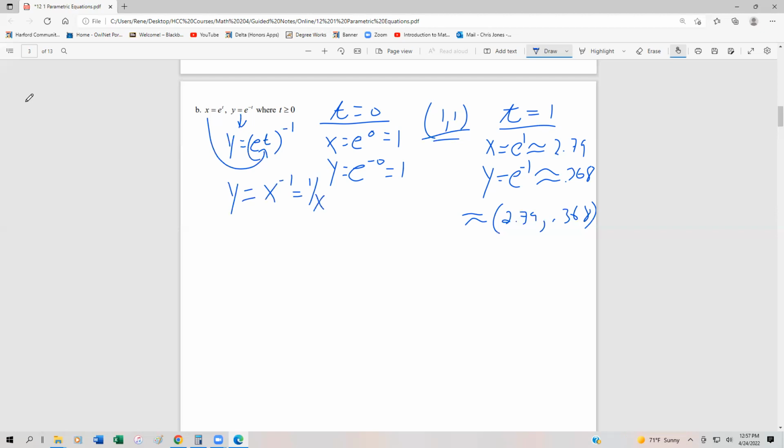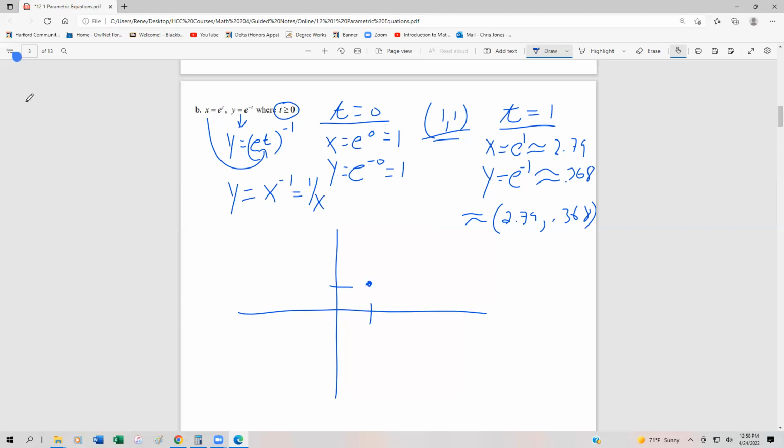We know what 1 over x looks like, but we're also looking at when t is greater than or equal to 0. Now, x and y can't be equal to 0, but at least for t, it can be. So here's our graph. Remember, t is greater than or equal to 0, so we're actually going to start at the point 1, 1.